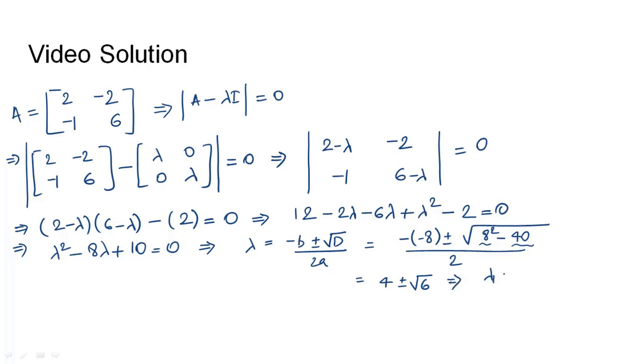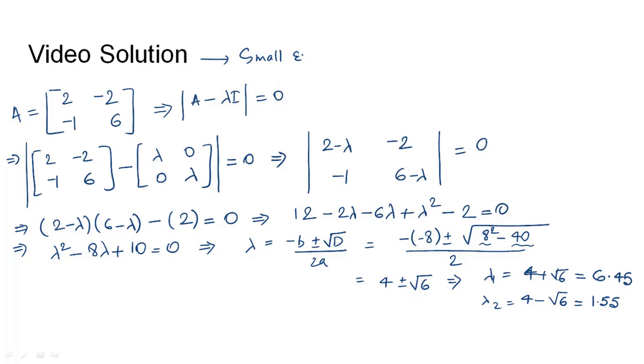So the first eigenvalue is 4 plus root 6 and the second one is 4 minus root 6. This will be around 1.55 and this will be around 6.45.